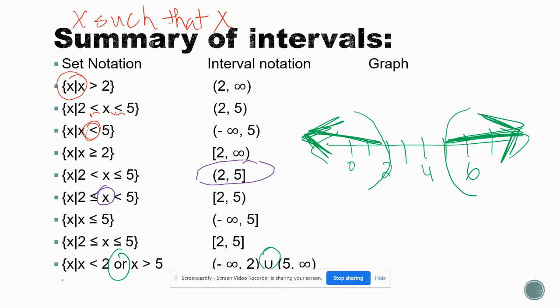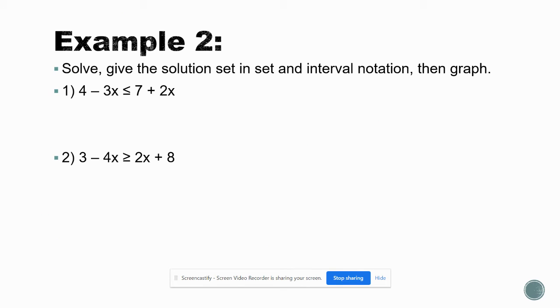So let's try this in action. We have this inequality, we're solving for x. So I'm going to start with getting my x variables together. I'm going to add 3x, add 3x. 4 is less than or equal to 7 plus 5x.